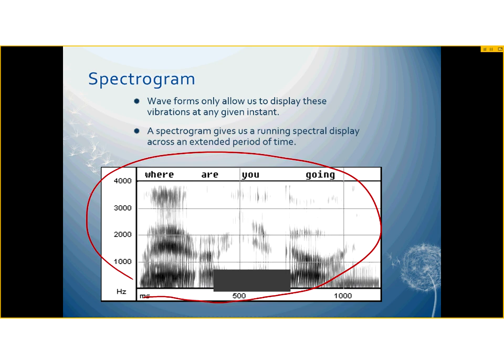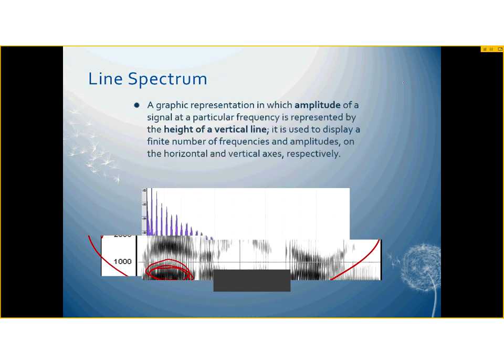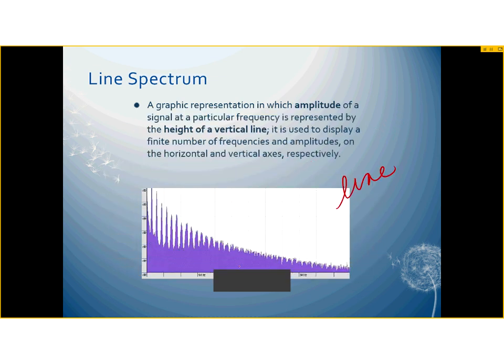This time, frequency is on the y-axis, and the only thing on the x-axis is time, how long it takes for that production. So where is intensity? Instead of the height of the line, intensity is how dark the striation is. This is a continuous spectrogram. This is a line spectrogram of vocal fold production.